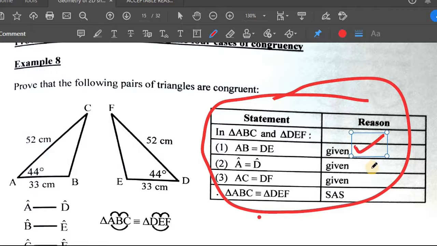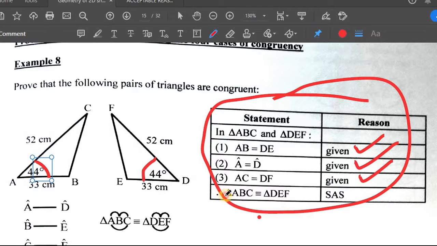Most of the stuff is going to be given to us. We're going to see later on where it's not given to us. Angle A is equal to angle D. Both are 44 degrees. This was given to us. It's on the diagram. AC is equal to DF. There we go, 52, 52. This was given to us.